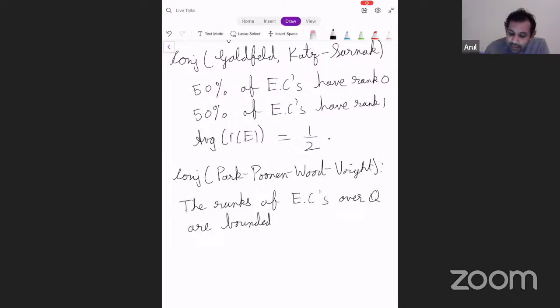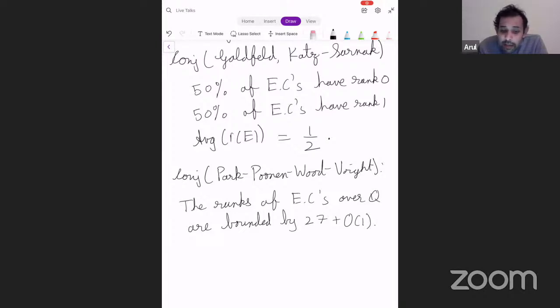The conjecture says that the ranks are bounded by 23. Actually, I've forgotten. Maybe it was 27. I'm just going to put 27 to be safe, plus big O of 1. There's, of course, a good reason for why there's a big O of 1. They're stating it simultaneously over many number fields, but this is what the conjecture is for Q.